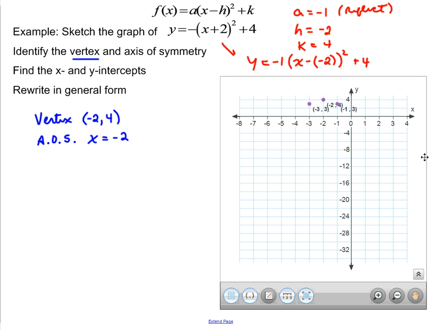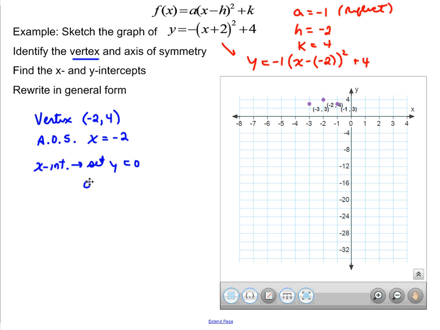But we can also use x and y intercepts as aids in getting coordinate points. So let's find those. How do we get an x and y intercept? Well, remember that you get an x-intercept by setting y equal to 0. And this particular form of our equation is actually really handy, and I'll tell you why.